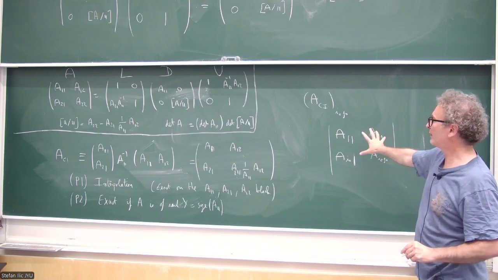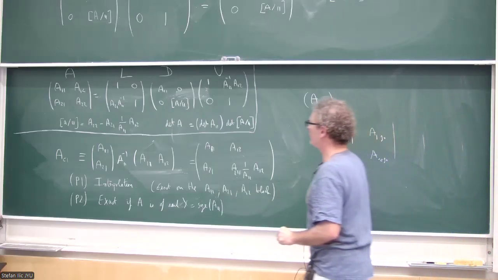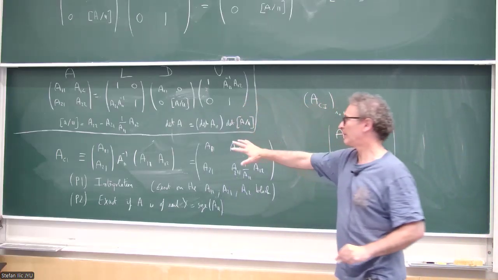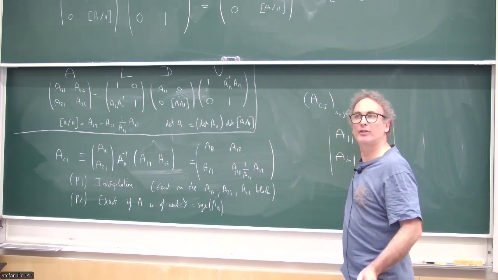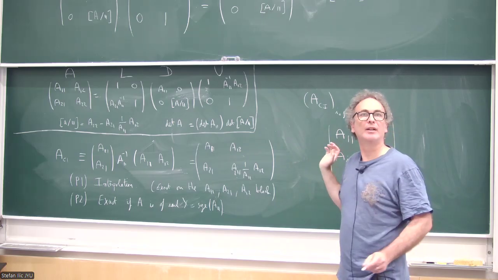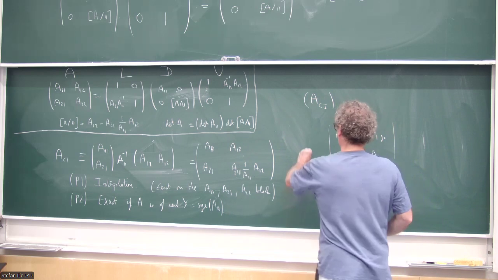So the determinant of that is, on one hand, 0, because my matrix is of rank chi. So if I add an extra row and column, then the determinant is 0 by definition.